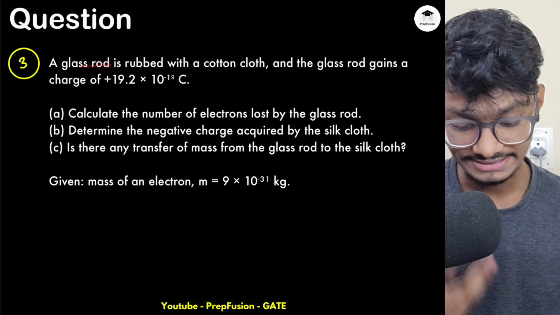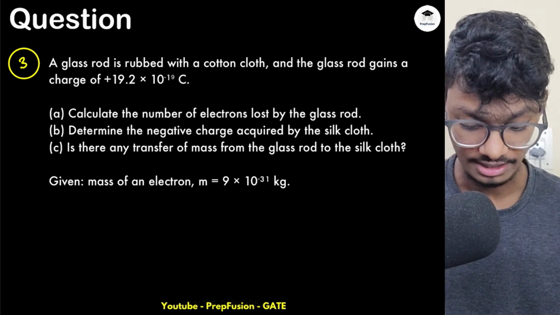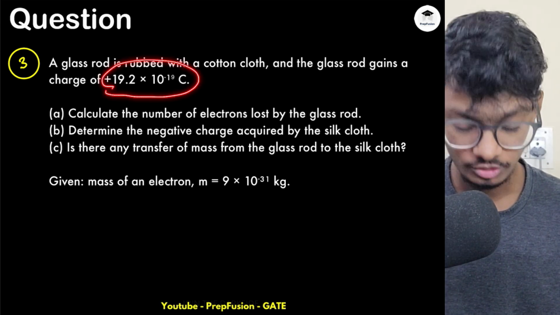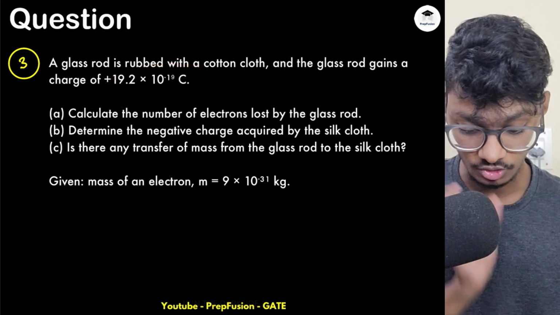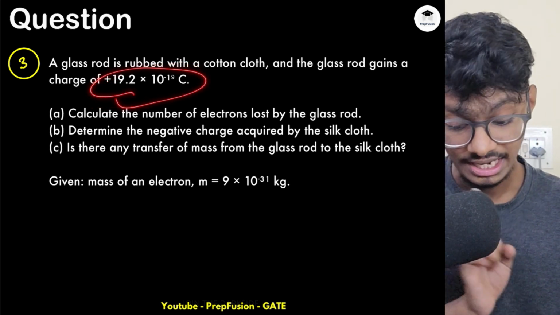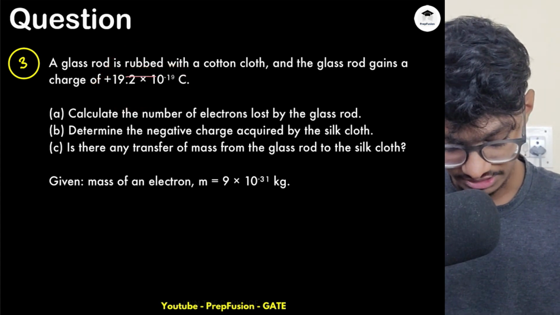A glass rod is rubbed with a cotton cloth and the glass rod gains a charge of plus 19.2 into 10 raised to the power minus 19 coulomb. So this glass rod gains this much charge when it is rubbed. So what kind of charge transfer is this?